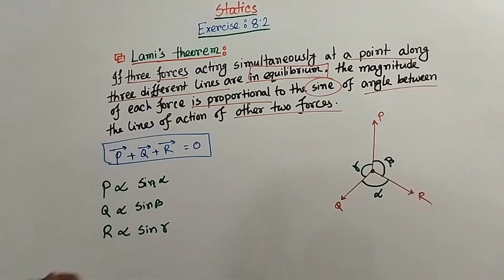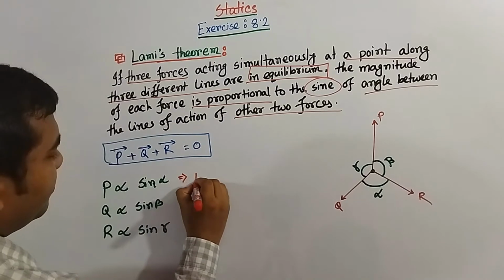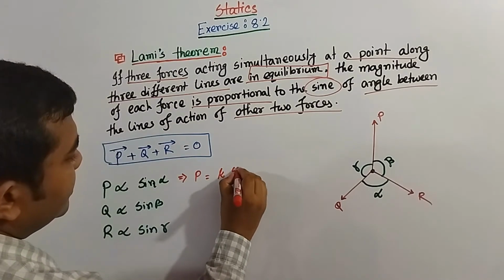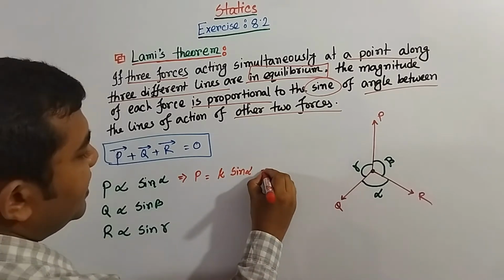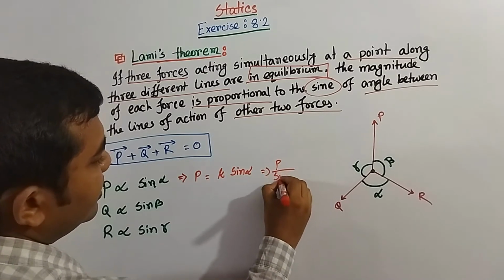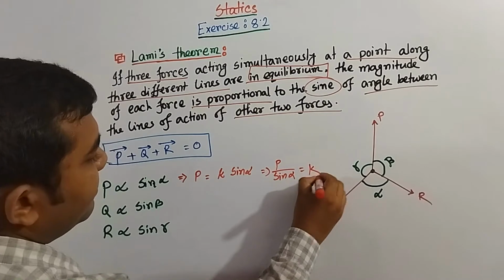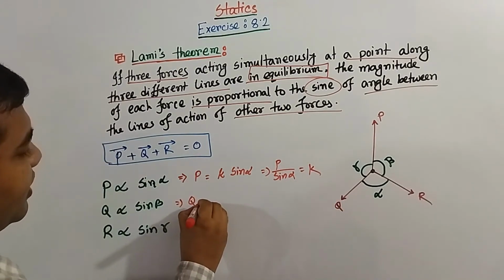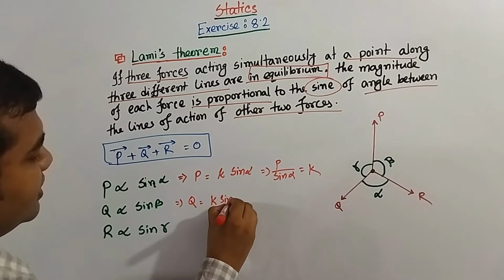From here we can write P equals K sine alpha. That means P over sine alpha should be K. Then Q equals K sine beta.